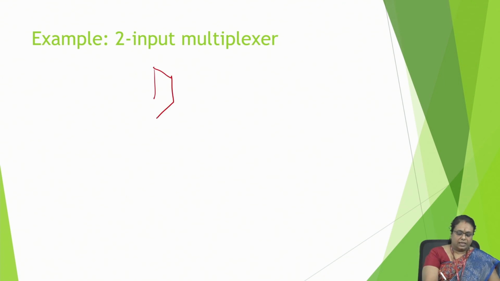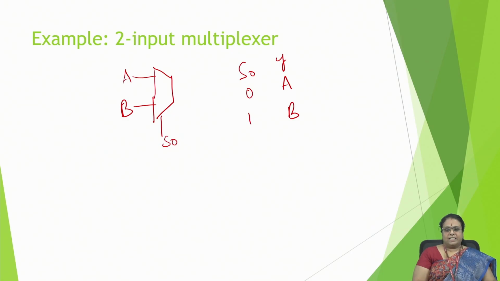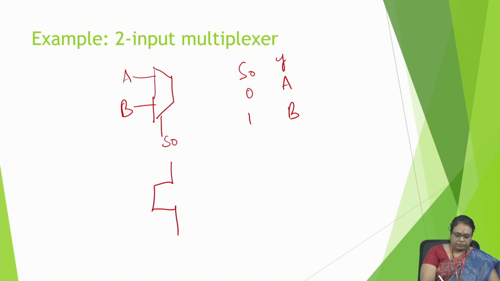If you take a two input multiplexer, generally what do we do? This is the multiplexer logic that we take. Right. We take a select line S0 and we take A and B. If S0 is 0, the output is A, and if S0 is 1, the output is B. You can simply implement this logic with a simple circuit, taking S0 as, here you can draw it, A will be the input, right?